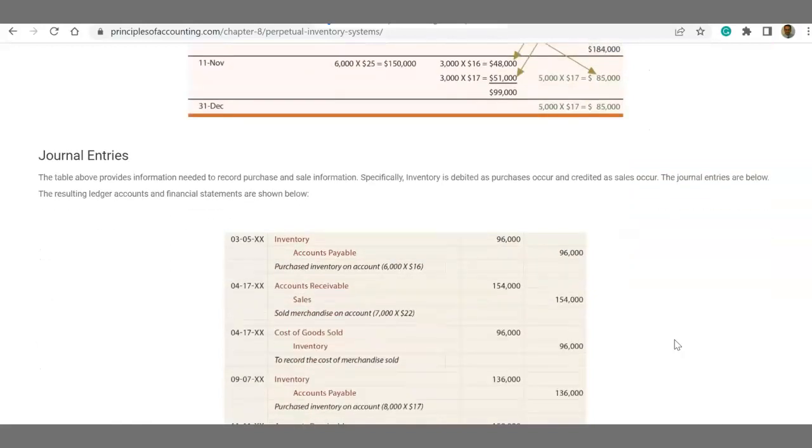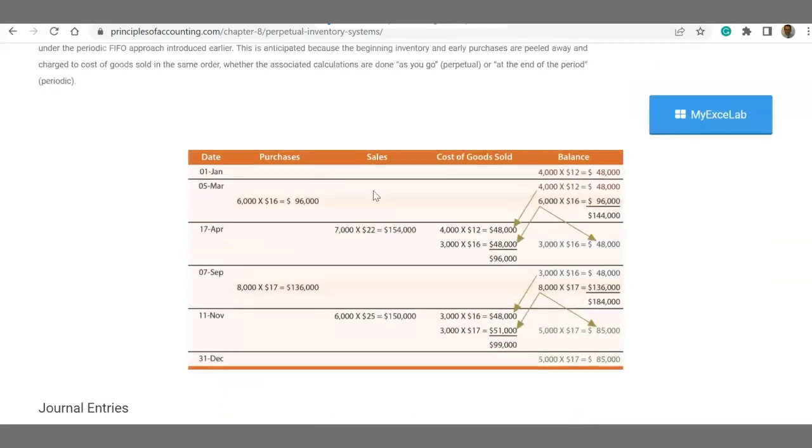For the journal entries under Perpetual, all the time you update the inventory T account for purchasing inventory, selling inventory, returning inventory, getting discount on payments for the inventory. So here we purchased inventory for $96,000 right there.